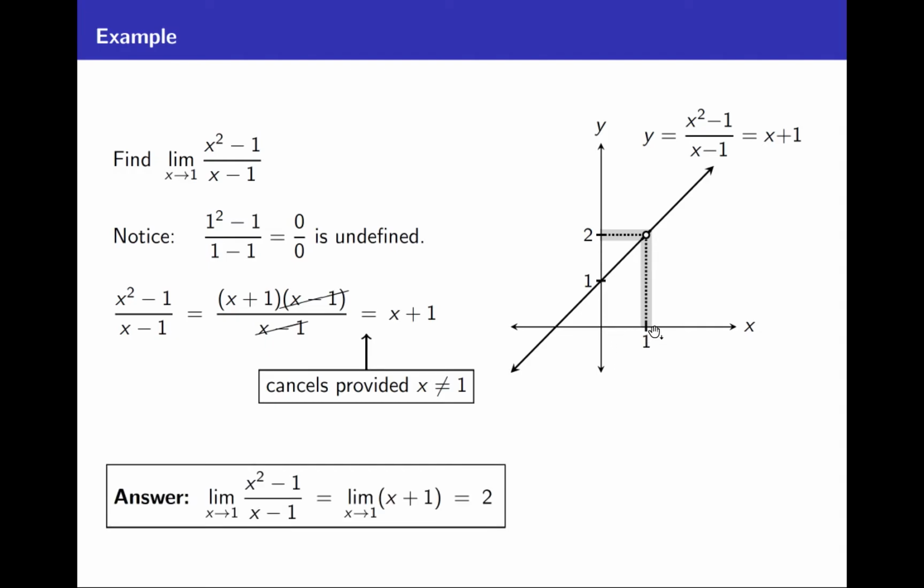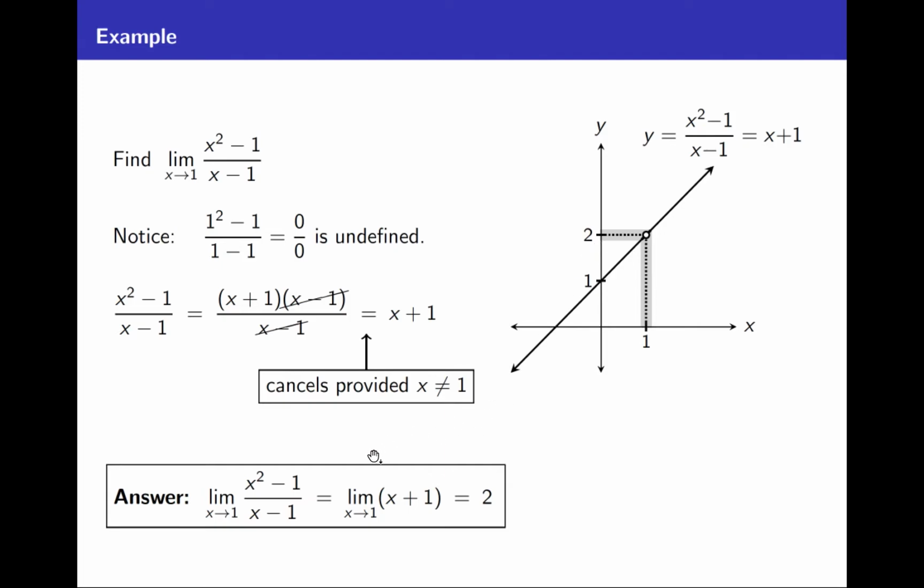So as x approaches 1, f of x is approaching 2. So the answer to our question is the limit as x approaches 1 of x squared minus 1 over x minus 1 is 2. As x gets closer and closer to 1, we can see that x squared minus 1 over x minus 1 is getting closer and closer to 2.